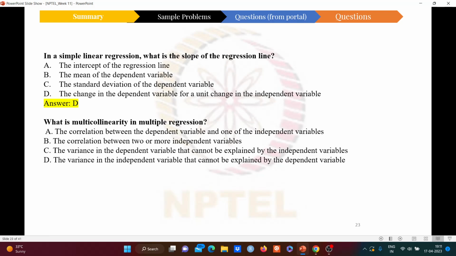Followed next is, what is multicollinearity in multiple regression?